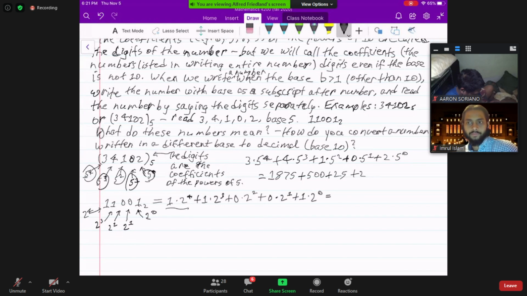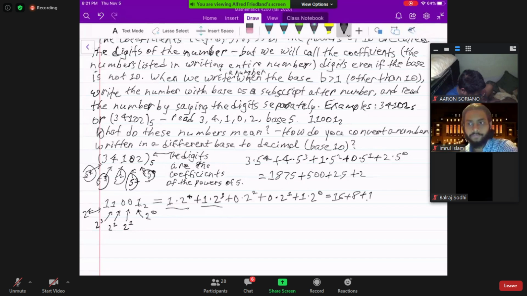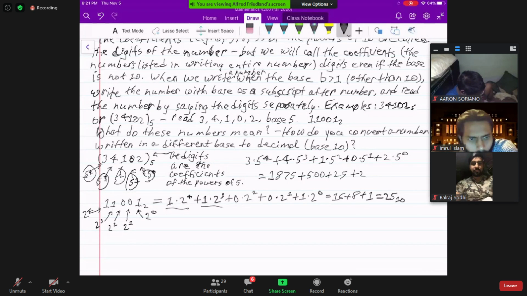So this is 1 times 2 to the 4th. 2 to the 4th is 2 times 2 is 4 times 2 is 8 times 2 is 16. Plus 1 times 2 to the 3, which is 8. Now we have 0 plus 0 plus 1 times 2 to the 0. 2 to the 0th, remember, is not 0, it's 1. So it's plus 1. So this is 25. And again, for emphasis, I'll put in base 10. But if I don't put in the base, it's understood to be base 10. In the scale of 10, the base or the radix is 10.